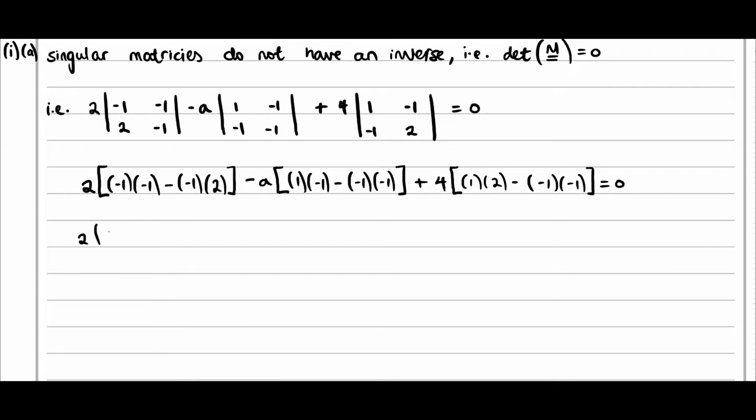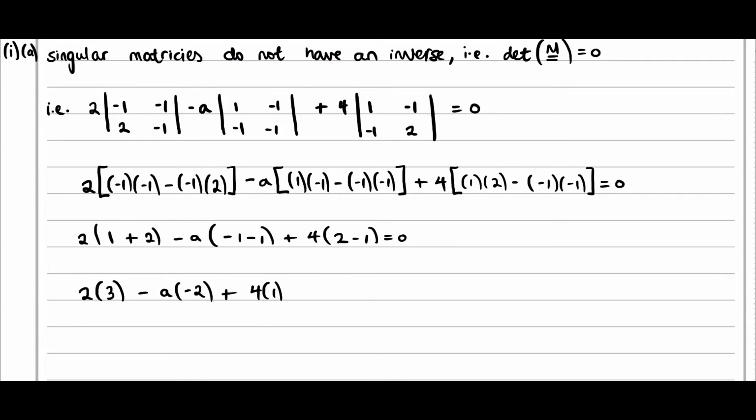So we have 2 lots of 1 plus 2, minus a lots of -1 -1, plus 4 lots of 2 minus 1. All this is equal to 0. So we have 2 times 3 minus a lots of minus 2 plus 4 lots of 1 equals 0.